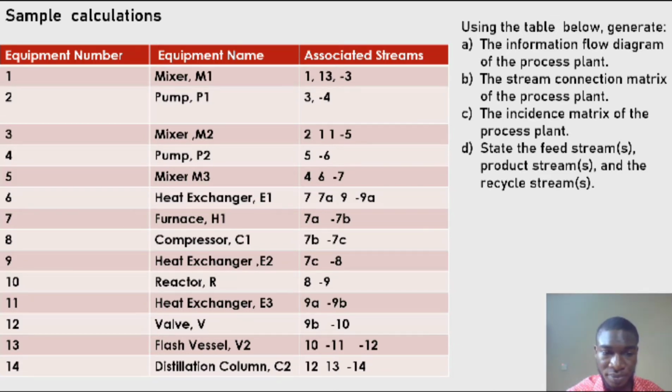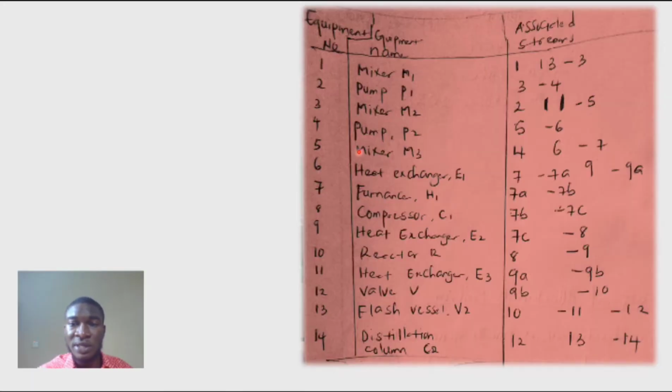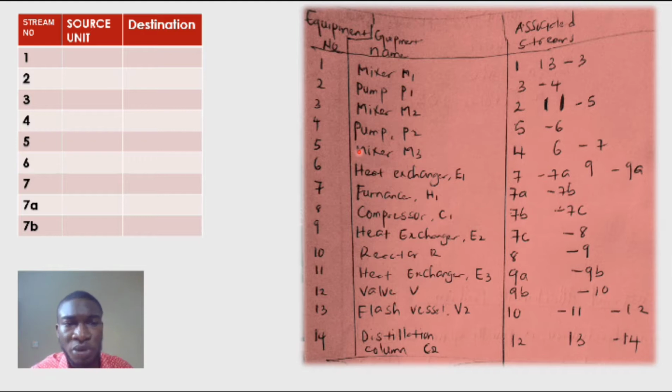We have the process matrix, so we can refer to it to get the stream connection matrix. The way I do this is just to look at the streams. Remember the format: in the table, you have the stream number, the source unit, and the destination.